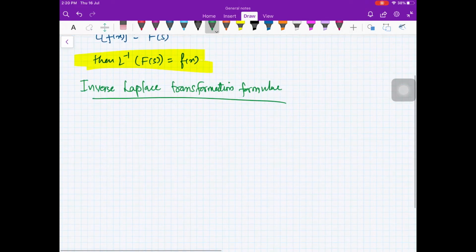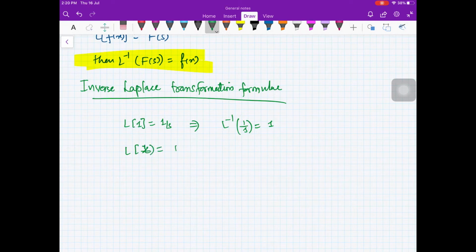Right, so you had L of 1 was 1 by s, so therefore this implies L inverse of 1 by s will be 1. You had L of x was 1 by s square, so it implies L inverse of 1 by s square is x.